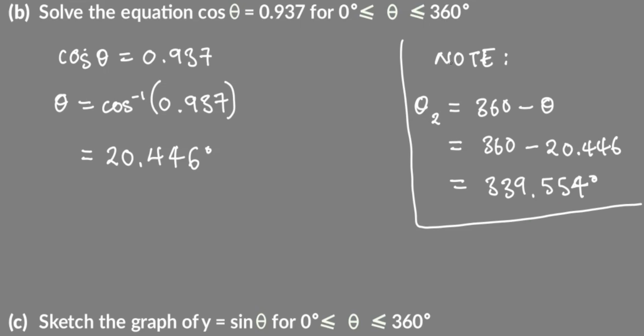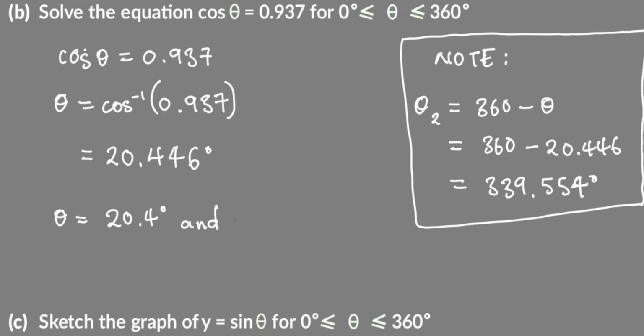In your working in the exam, you can add it as a step: after you find this theta, you say theta 2 is equal to 360 minus theta. But here I just want you to note how we got it, because I'm just going to say theta is going to be equal to 20.4 degrees, and it's also going to be equal to 339.6. So you know how we got our second value for theta.